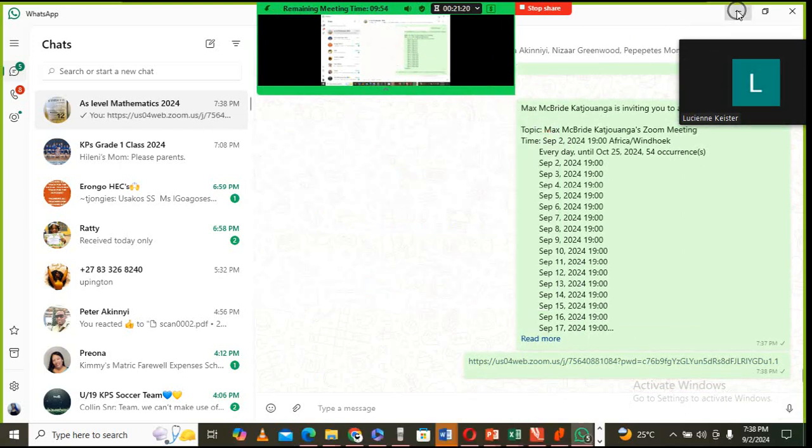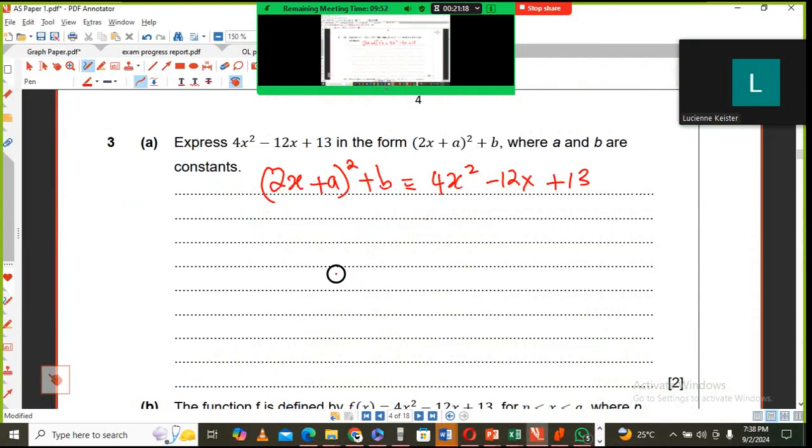Anyway, can we get back to our question? All right, so I was saying, making this an identity is also one way. It might be long. If you multiply this out, it's going to be 4x squared, and 2x times a is going to be 4ax.